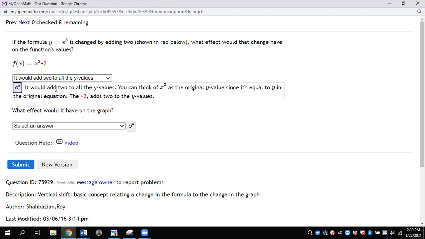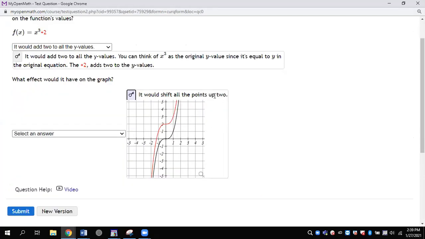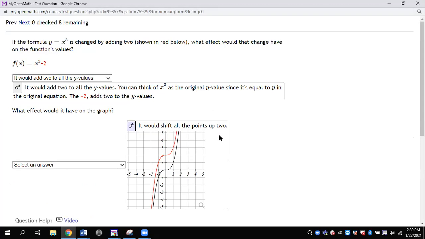It would add 2 to all the y values. And what effect does it have on the graph? It would shift all the points up 2. That's what we talked about. All those points are going to go up 2. This plus 2 out here is going to move everything up 2 because it added 2 to all the y values.